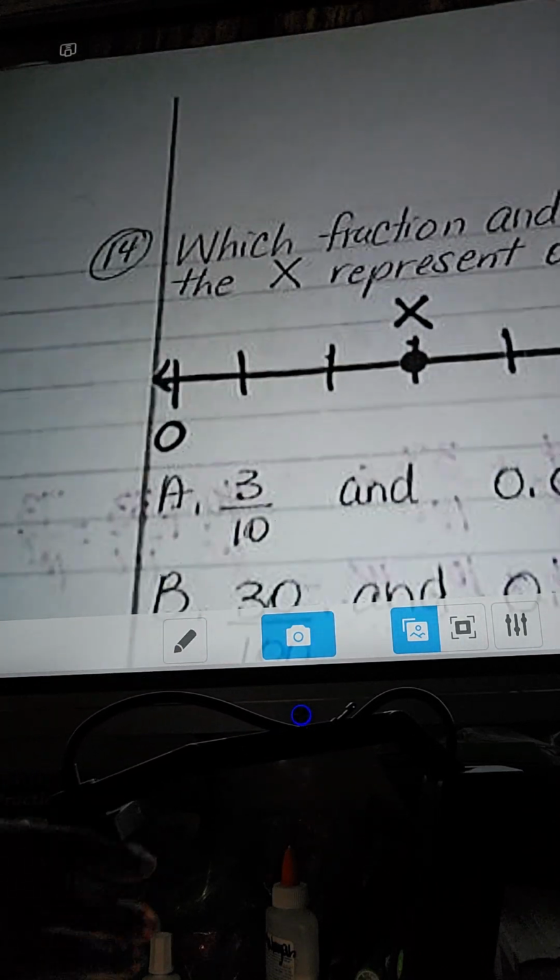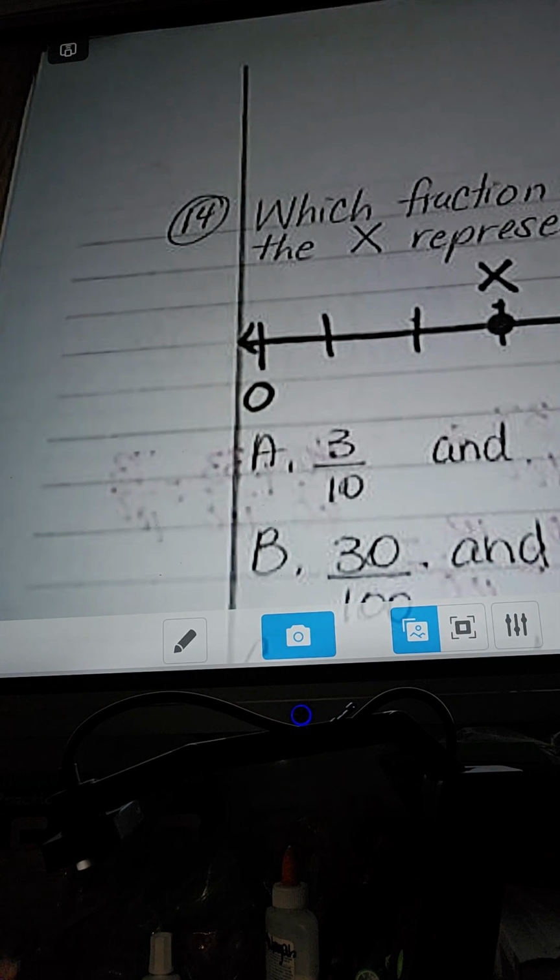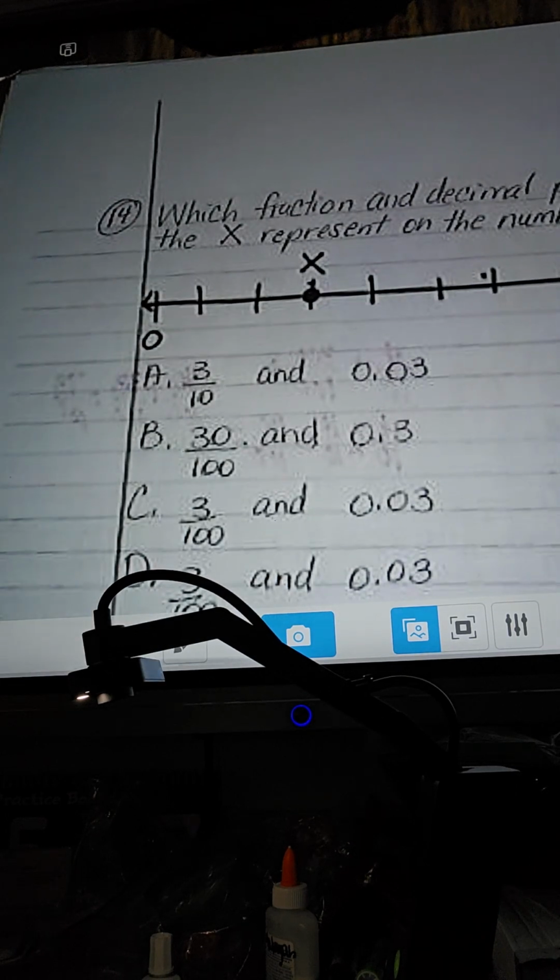And what's 10 times 10? 100. Girl, you remember your multiplication? All right, number 14. Which fraction and decimal pair does the X represent on the number line? Well, before I can determine that, I have to count my tick marks.